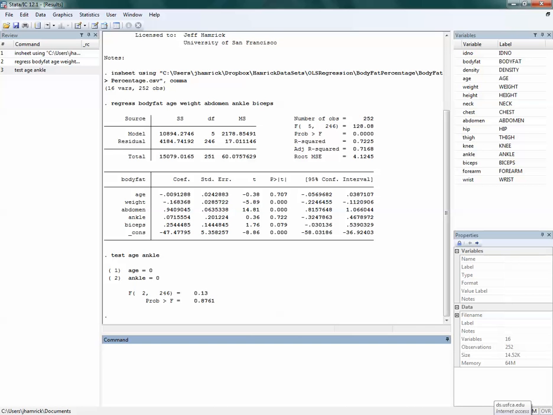Now, I'll completely acknowledge that the decision related to this test is the same as what we would have accomplished by using just the t-test on the coefficient for ankle and just the t-test on the coefficient for age. But that is not always going to be the case.